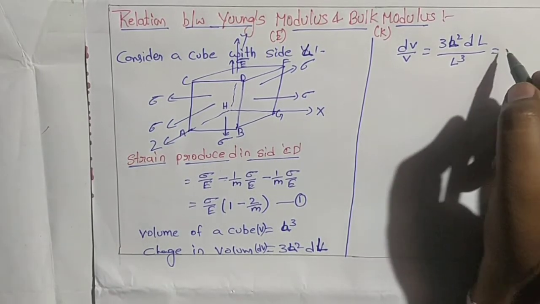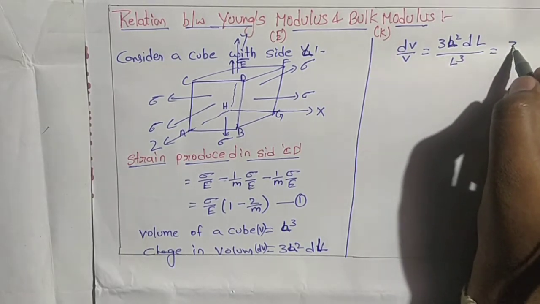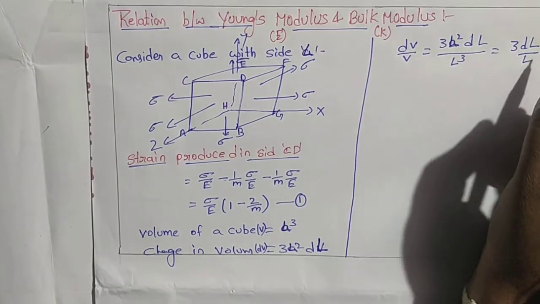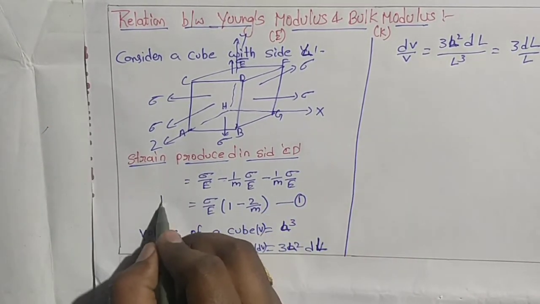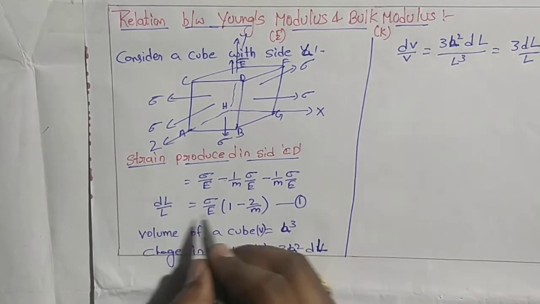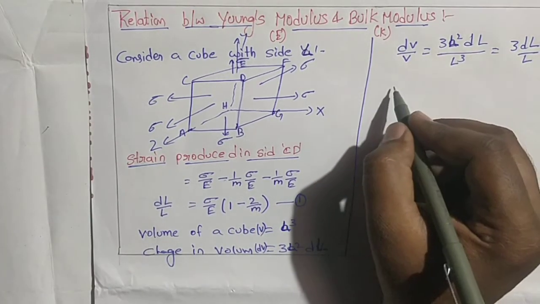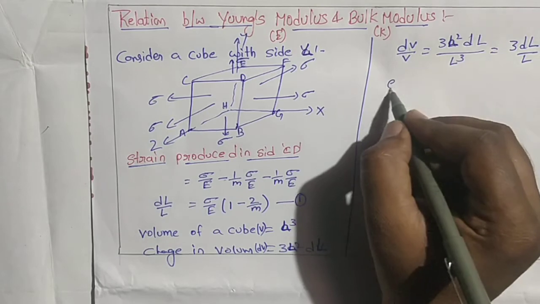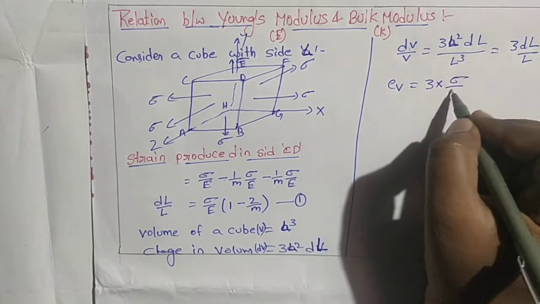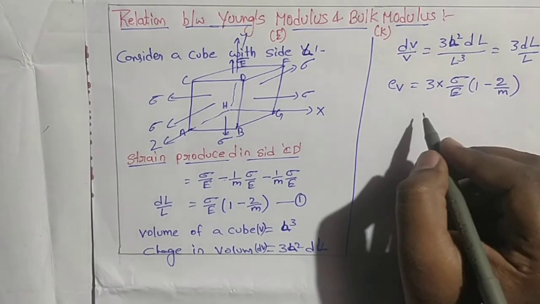By cancelling, L square and L cube get cancelled, and the remaining equation is 3 dL by L. Already calculated the change in length in the side A, that is delta L by A. Substitute this change in length by original length in this equation. Here dV by V means volumetric strain, that equals 3 into sigma by E into 1 minus 2 by m.